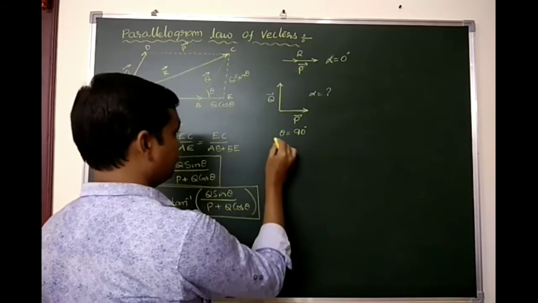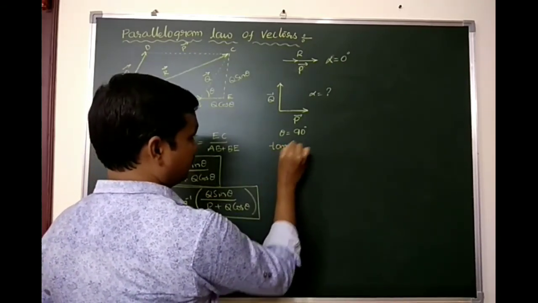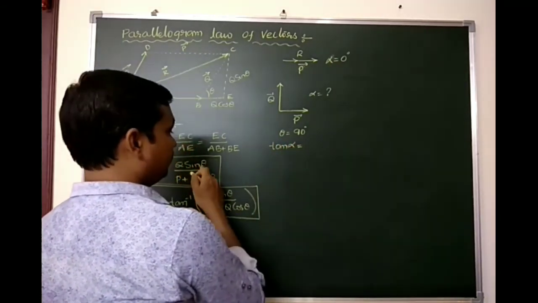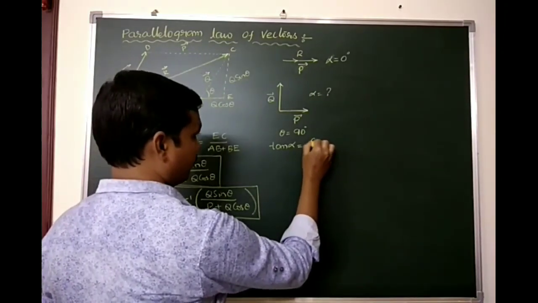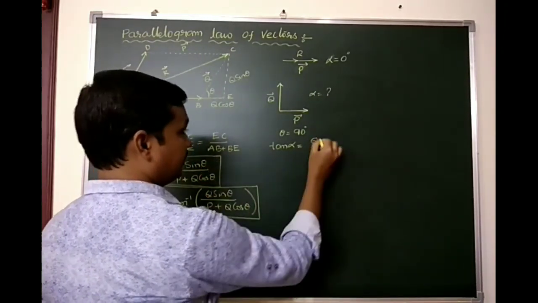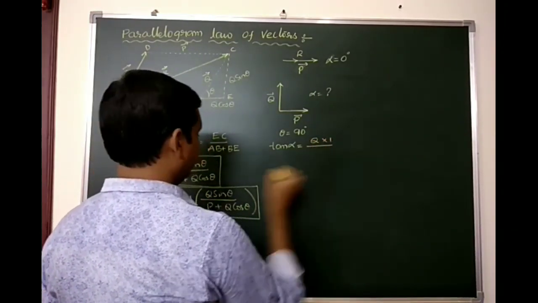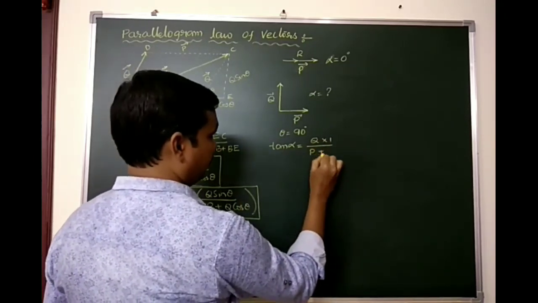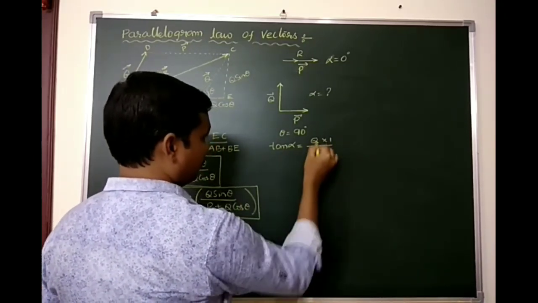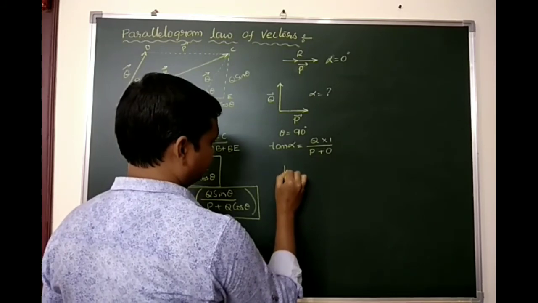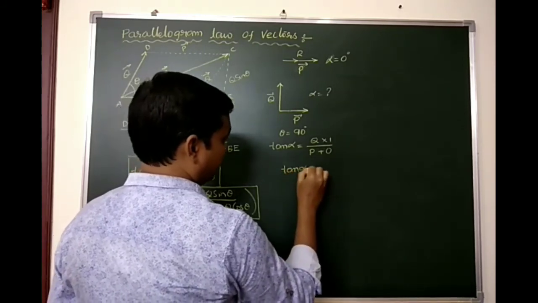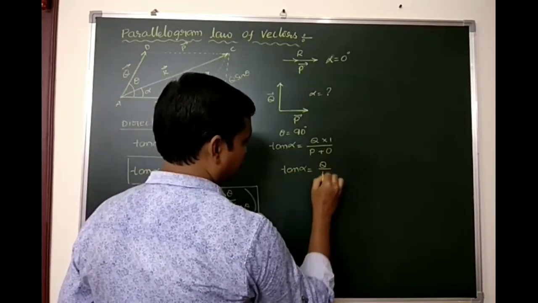We can substitute in this. Tan alpha is equal to Q sin 90, which is 1, divided by P plus 0. So Q by P. Tan alpha is equal to Q by P.